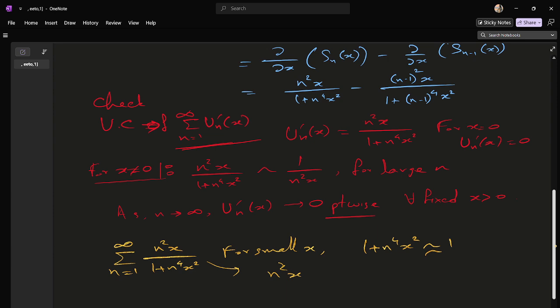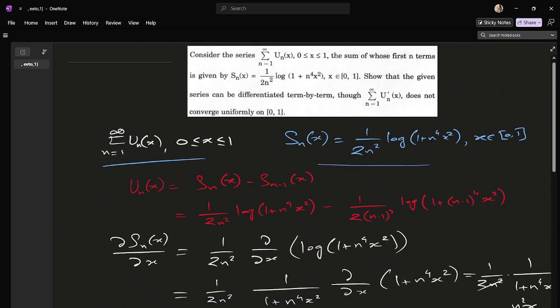So the conclusion we are bringing out from the question is that the series summation n equals 1 to infinity of u_n(x) can be differentiated term by term, because S_n(x) is differentiable and u_n(x) is smooth.